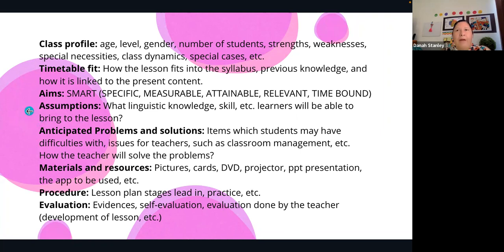Probably I may find in the end that although they are advanced, they don't know the pronunciation. And probably what I will need to do is adapt my next day's class and take a few minutes for them to practice.